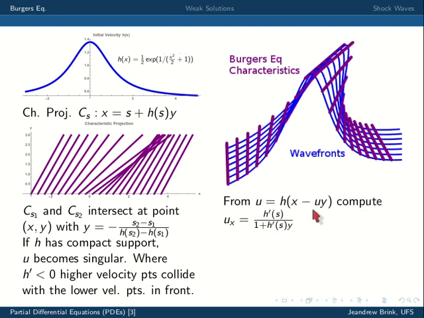What we can do is compute the full derivative with respect to x over here. The way we do that is du/dx equals d/dx of this side, and now we use the chain rule.